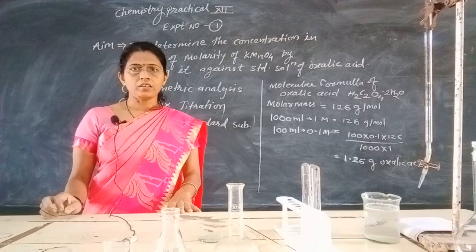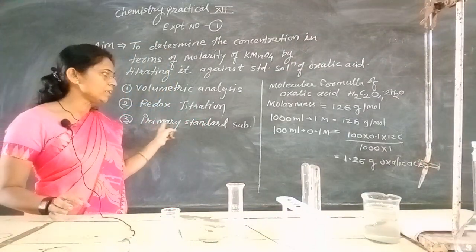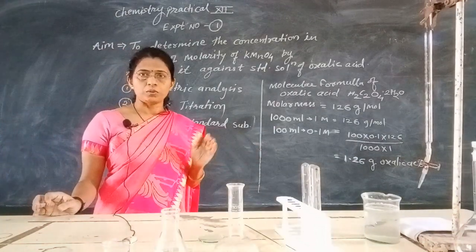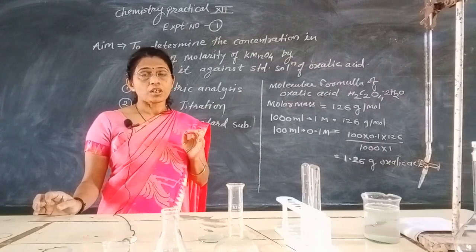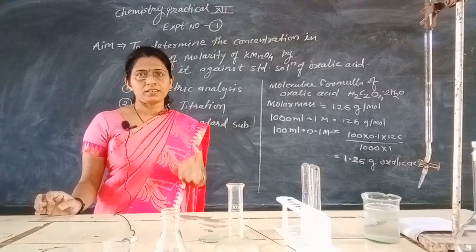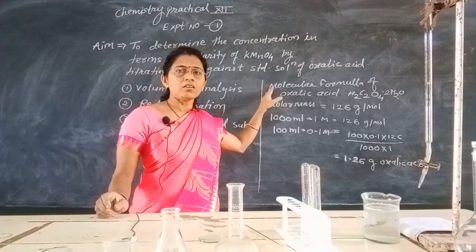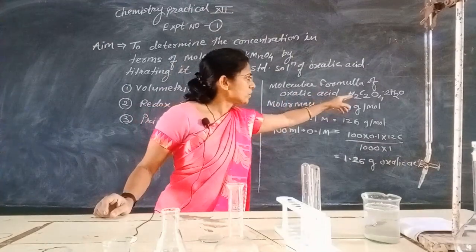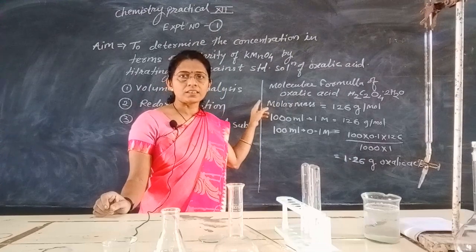So in this experiment we will use oxalic acid as the primary standard substance because oxalic acid is mostly stable, unaffected by air and moisture, and possesses a high degree of purity. The molecular formula of oxalic acid is H2C2O4 with 2 water molecules of crystallization.